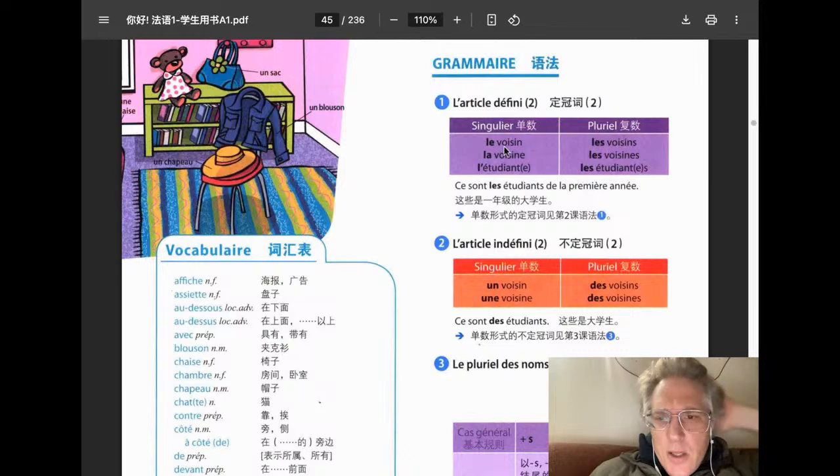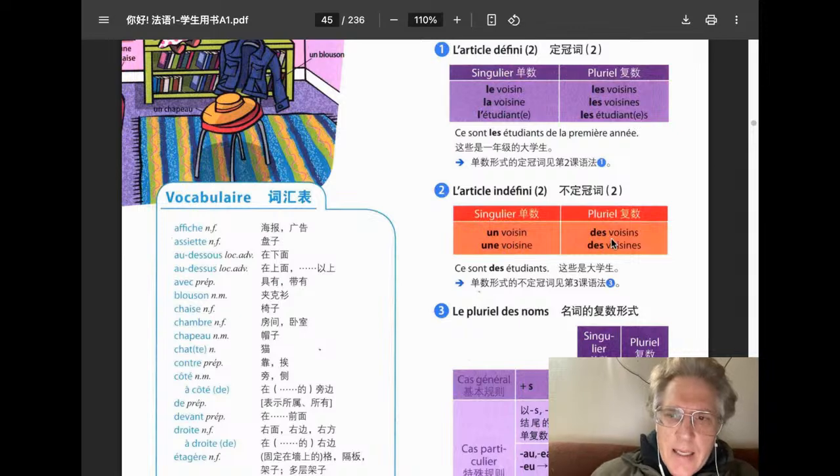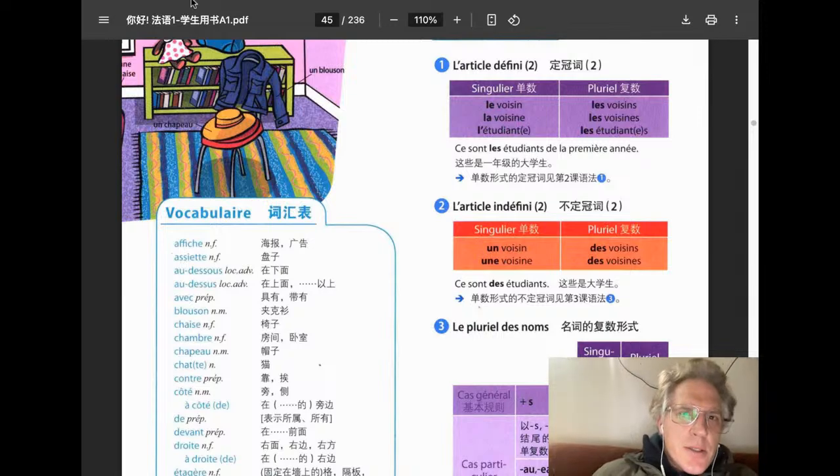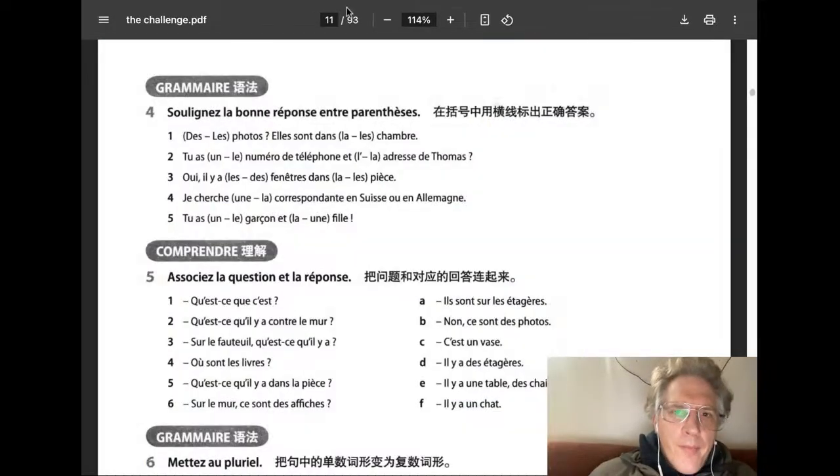And then you have singular le, la, and then you have plural les. Then you have un, une, and des. The hard thing about this is, you see, there's an exercise. One of the exercise questions. Okay, so we have les or des. Remember last time we did this for the challenge?